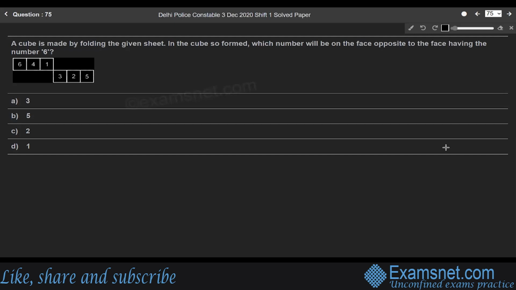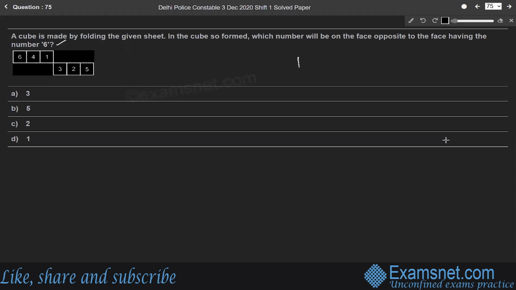Question 75. A cube is made by folding the given sheet. In the cube so formed, which number will be on the face opposite to the face having number 6? Let us imagine a cube.